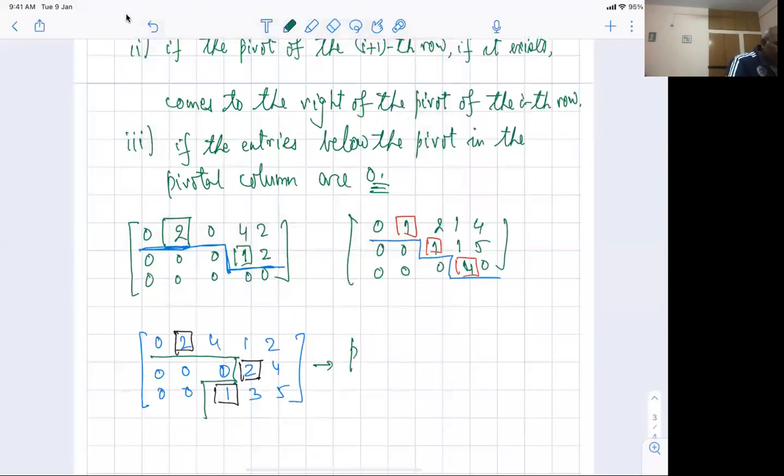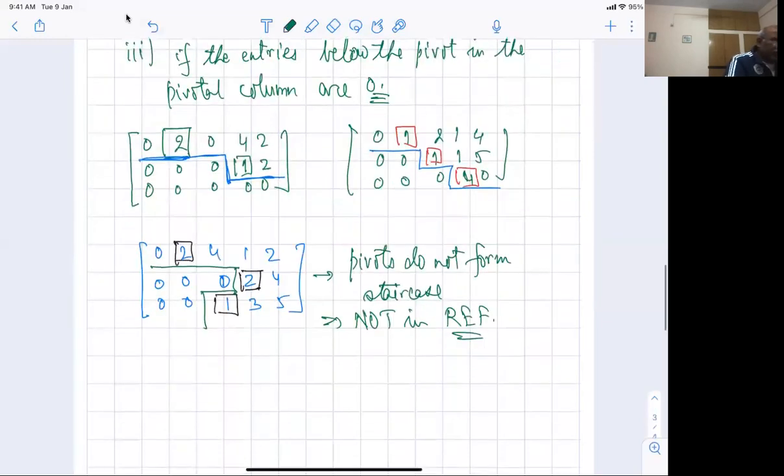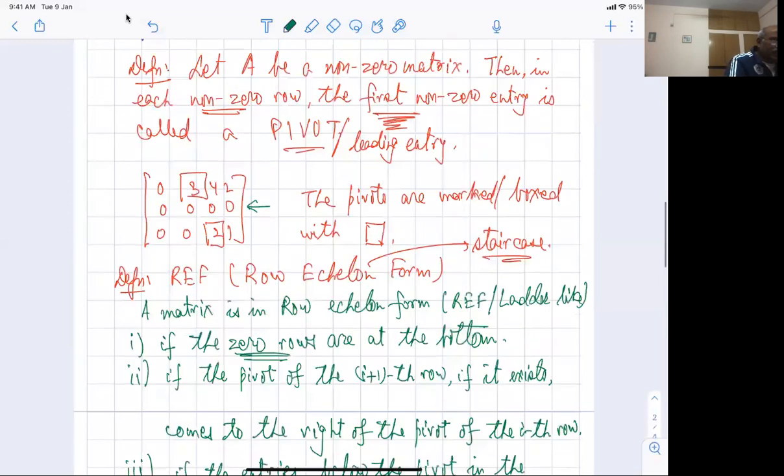Pivots do not form a staircase implies not in REF. That's very important. All right. Similarly, in this matrix that I had taken, the 0 row is not at the bottom, so this is not in REF. All right. Not in REF.